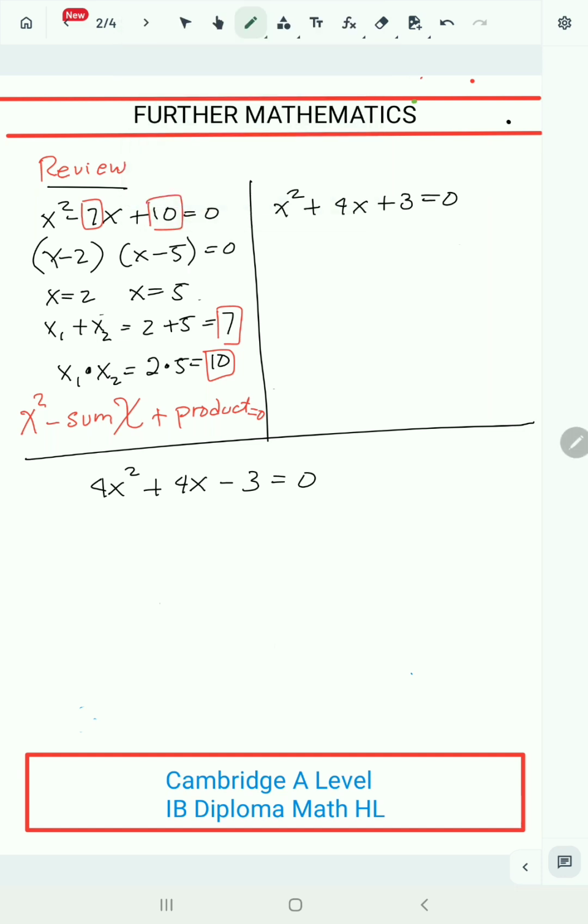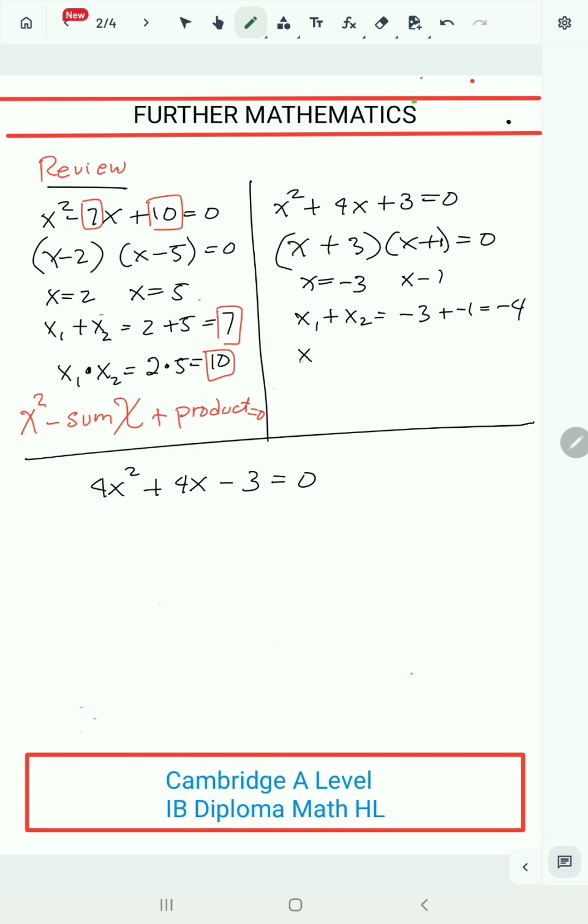In here, you can factorize this as x plus 3 times x plus 1 equals 0. So the roots are x equals negative 3 and x equals negative 1. Let's take the sum: negative 3 plus negative 1 is negative 4.